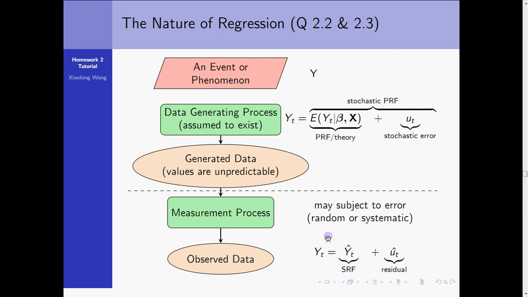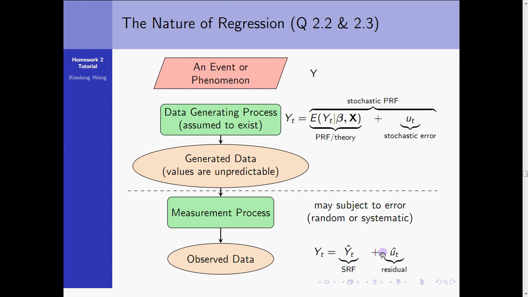So next chapter we will talk about what those criteria are. But for now, we can just think of the sample regression function as the best estimated population regression function. And the residual is literally a residual. It is the difference between the real Y and the estimated Y. So it is a byproduct of the regression analysis.